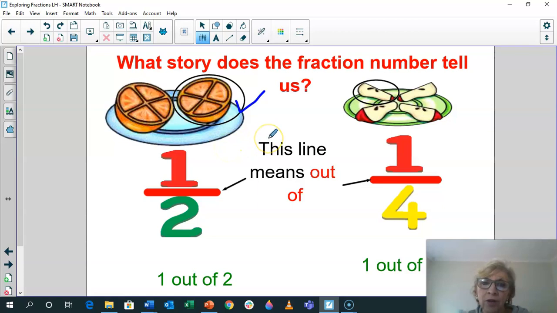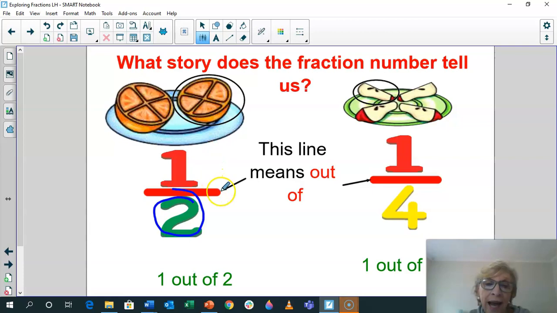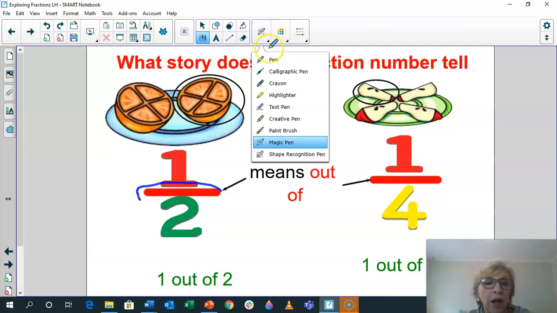As you can see, I've circled it, meaning that I will have half of that orange. And what have I had? I've had 1 out of 2, right? And that line there means out of. So it means that I have taken 1 out of the 2 parts.